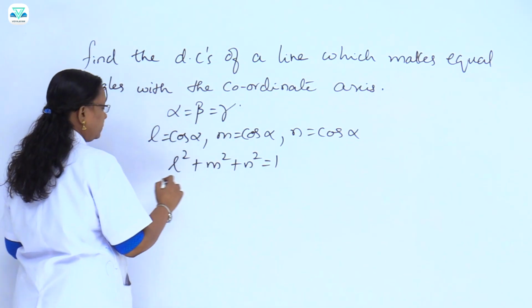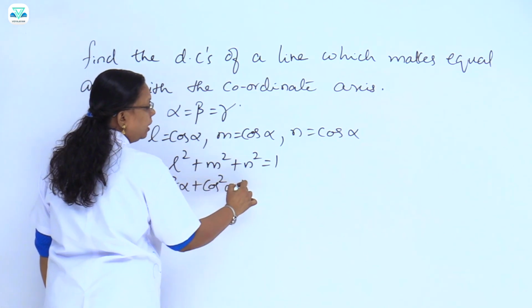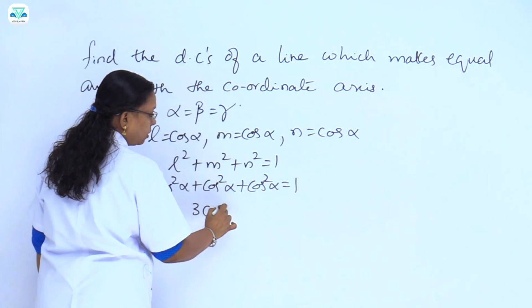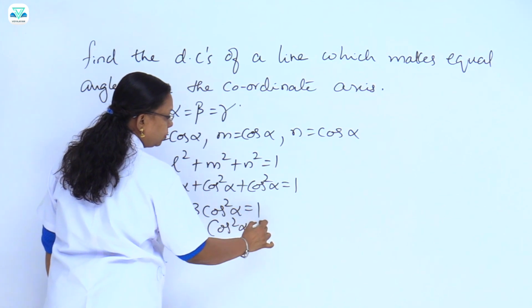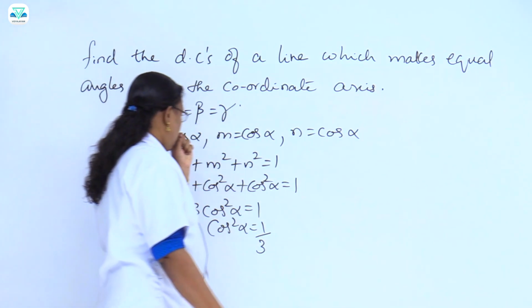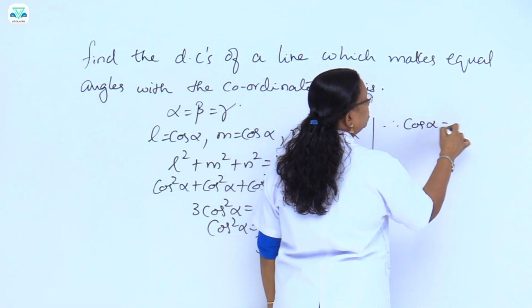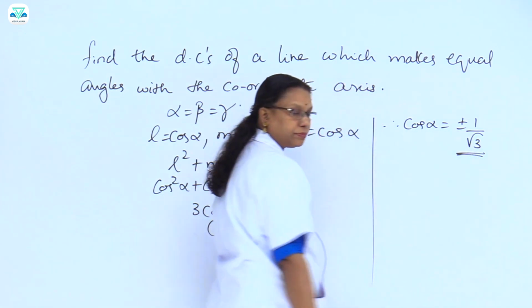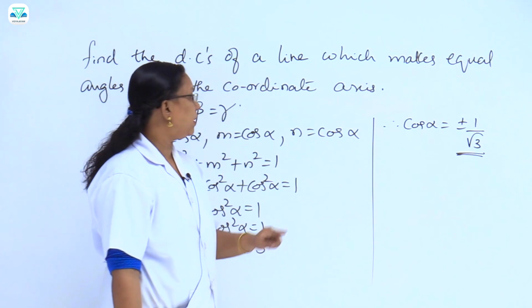That is cos square alpha plus cos square alpha plus cos square alpha equal to 1, or 3 cos square alpha equal to 1. So cos square alpha equal to 1 by 3. Therefore cos alpha is equal to plus or minus 1 by root 3.